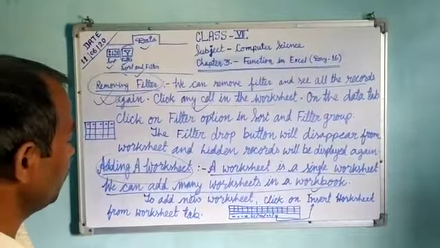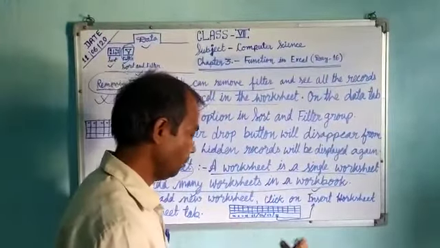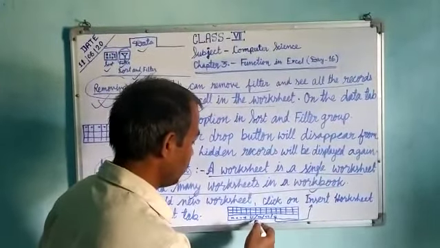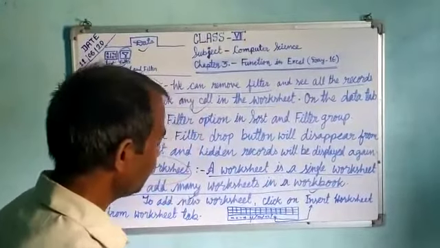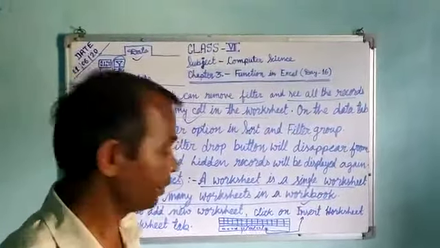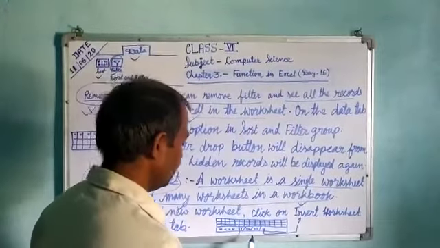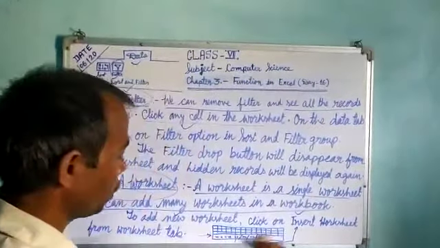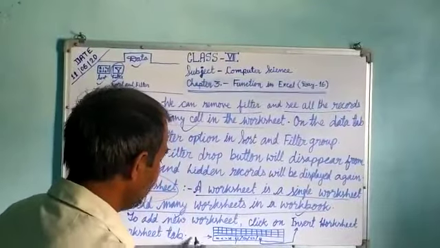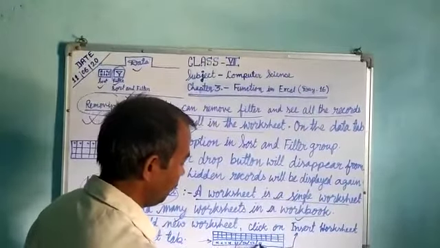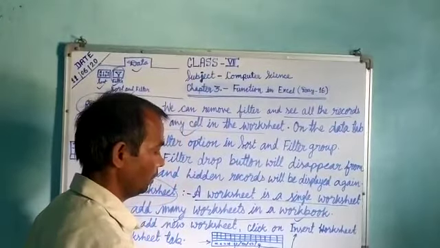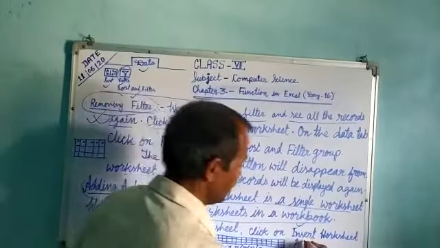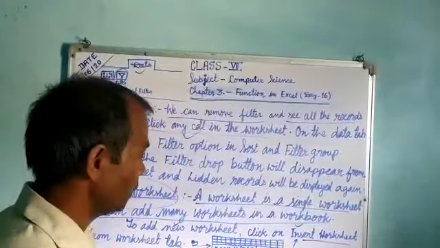But how can we do that? By default, whenever we open Excel, we have 3 pages available: Sheet 1, Sheet 2, Sheet 3. But according to our requirements, we can add many pages. This is the sheet tab, at the lower portion, a rectangular strip, and that is called the sheet tab. In the sheet tab, at the last we can find a button, which we call the insert worksheet button.